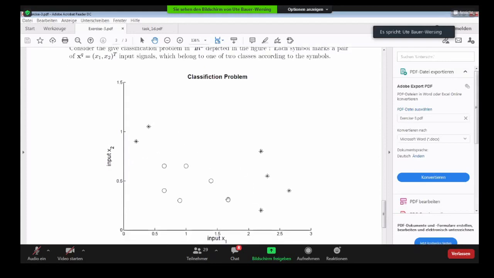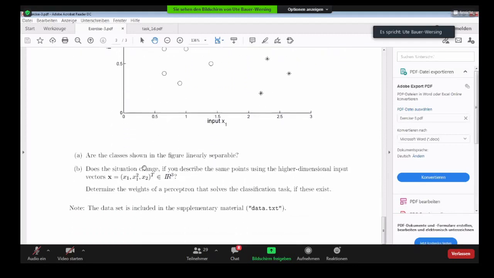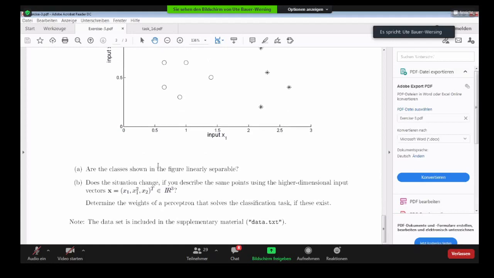It's not just a line. And the question now, in part B, was that you do some trick. You extend the original inputs x1 and x2 by a third input, an expansion of the input data using the square of the x1 coordinate of the points. And then the question was, what about linear separability then?